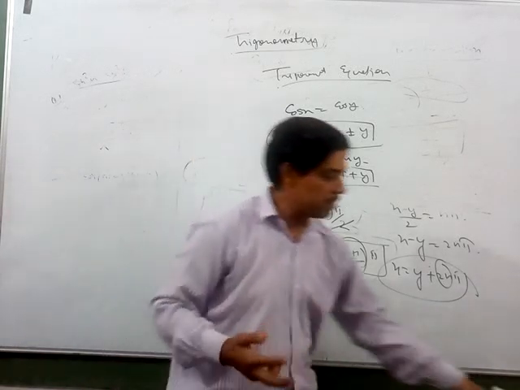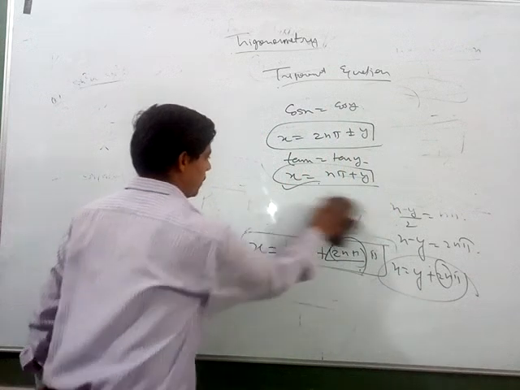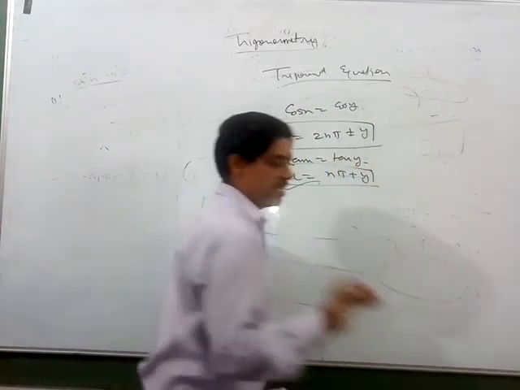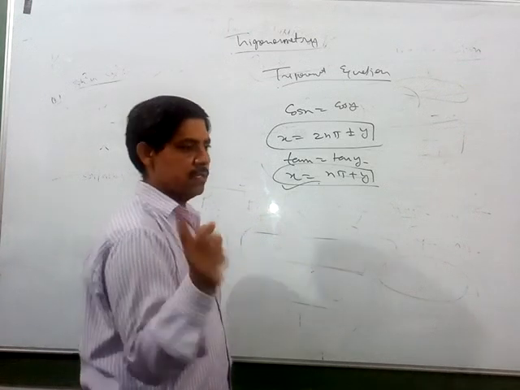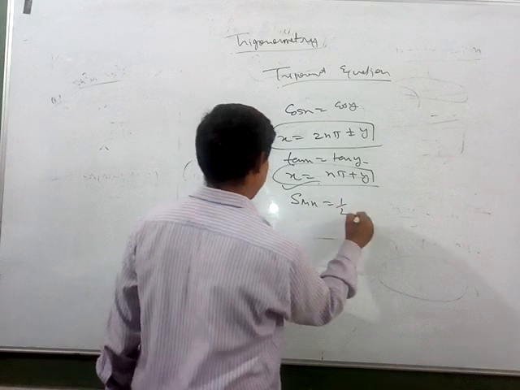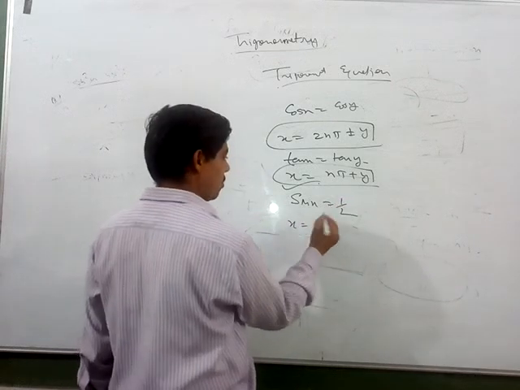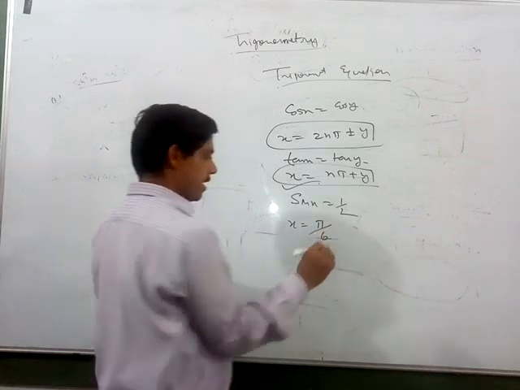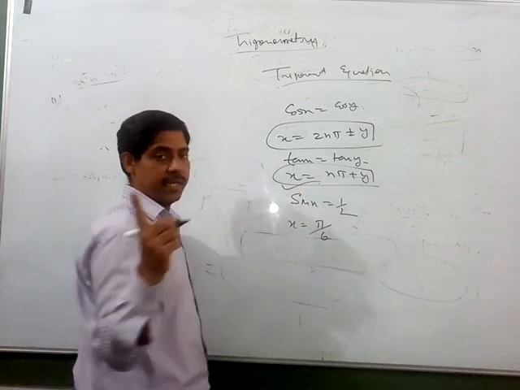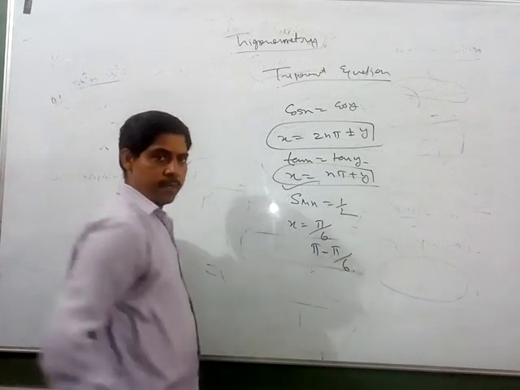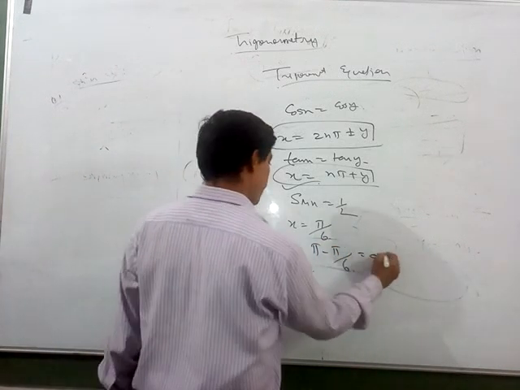And for the principal solution, you should understand certain basic rules, like you have to look at those angles which give the particular answer in 0 to 2 pi. For example, if sin x is equal to half, one of the answers is 30 degrees, that is pi by 6. Another, in the second quadrant, sin x is also positive, so you can write pi minus pi by 6, that is 5 pi by 6.